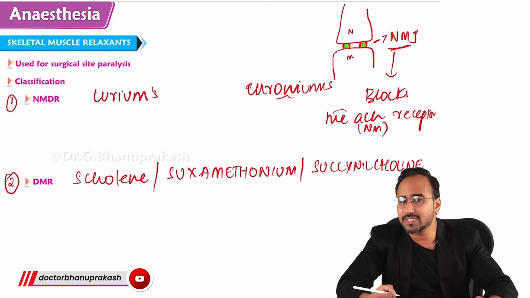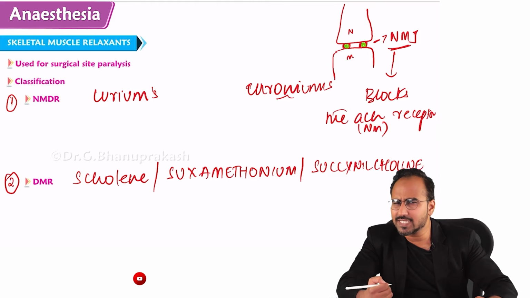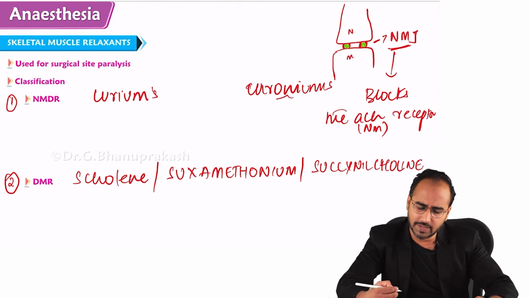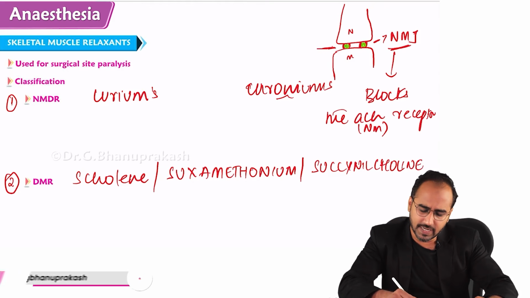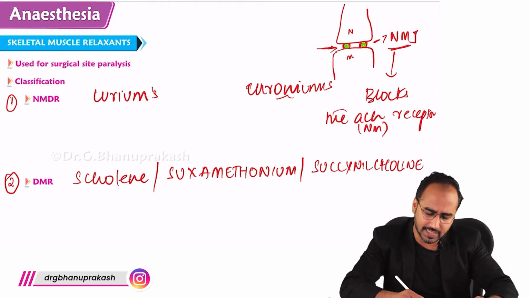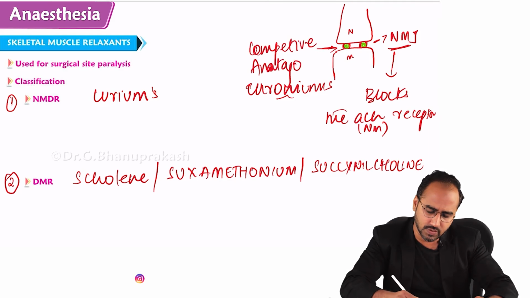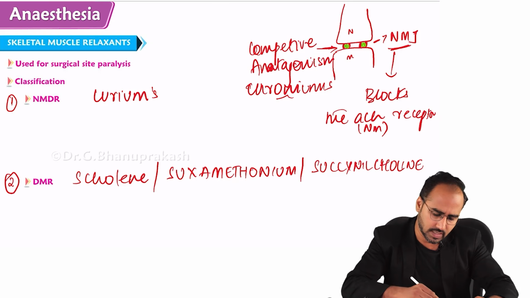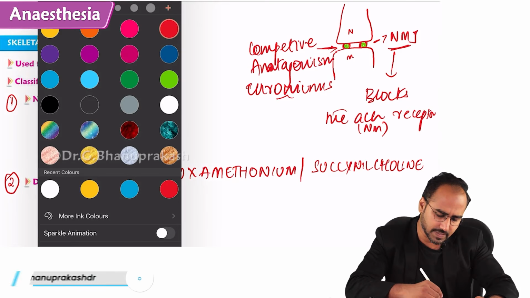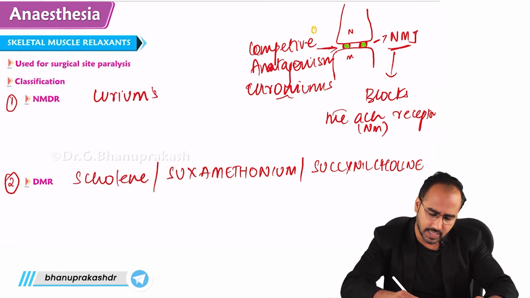By what mechanism is it blocking the NM receptor? The mechanism by which it blocks the NM receptor is called competitive antagonism. So it blocks the acetylcholine receptors by a mechanism called competitive antagonism.